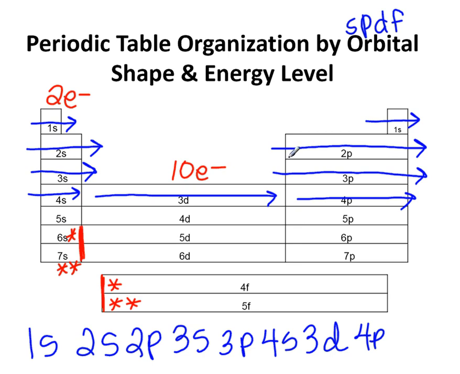Do the same thing for p's. If you count across here, there are 6 elements or 6 columns lined up, which means 6 electrons. And if you do the same thing down here with the F block, there are 14 elements across, which means they can hold 14 electrons. And all you need to do is just count. So it saves you a lot of memorizing time.